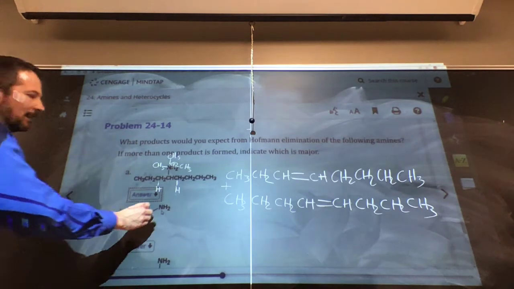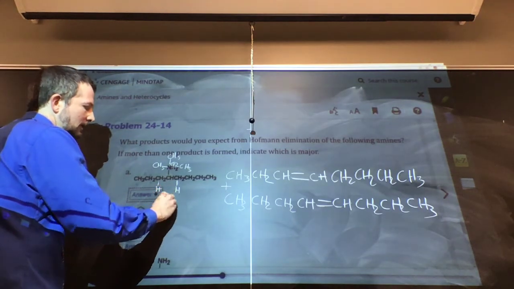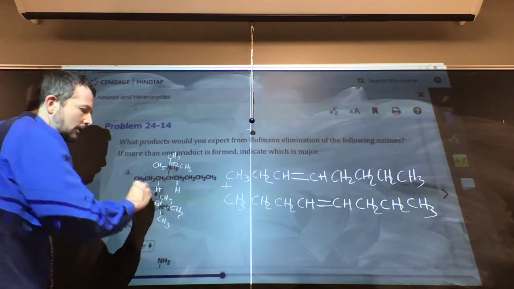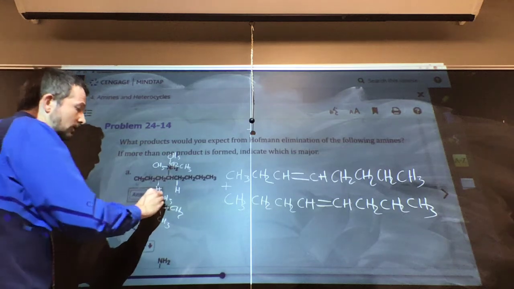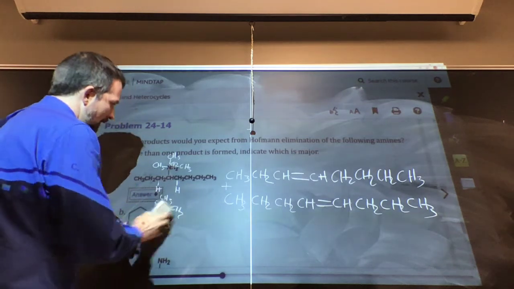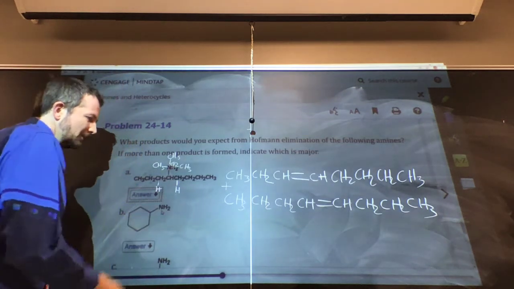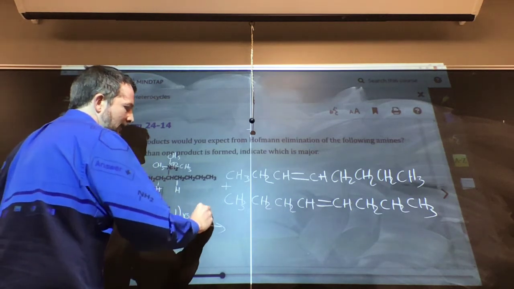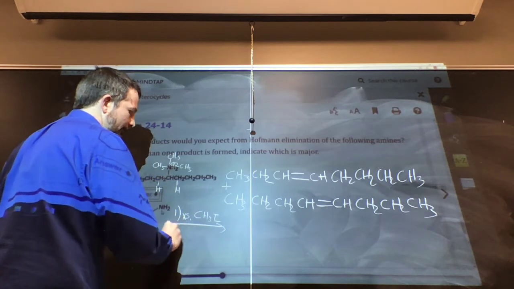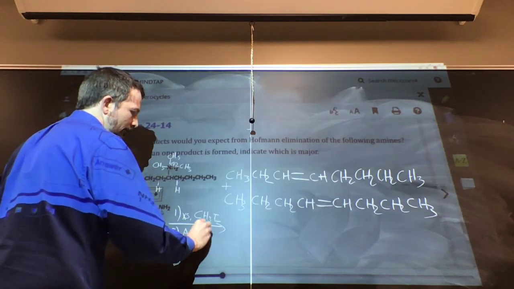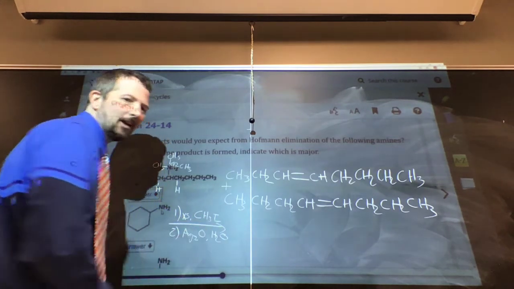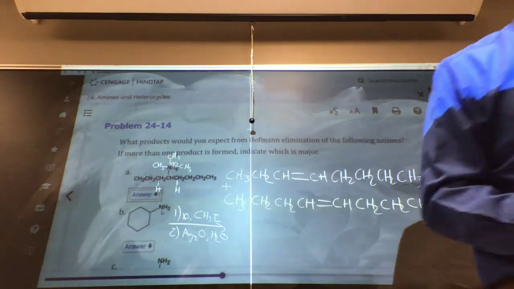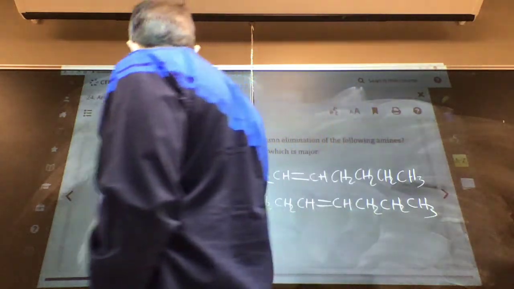What about this one? Again, let's draw out what my leaving group would look like. I'm using an excess of my methyl iodide, and then I react that with a base and heat that up.